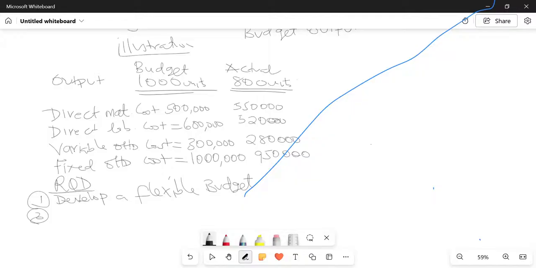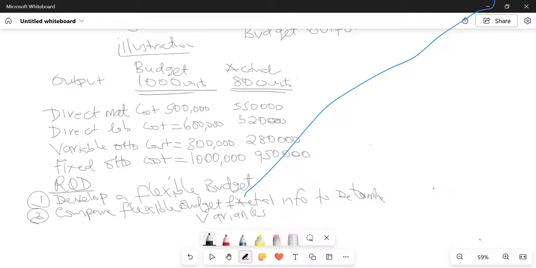And then number two, compare the flexible budget and the actual information to determine variances.